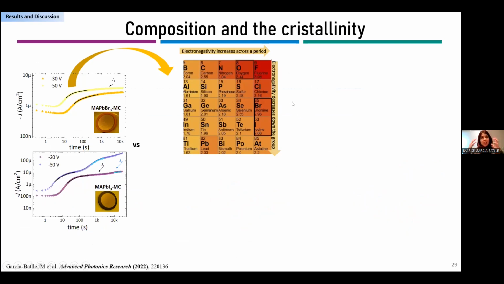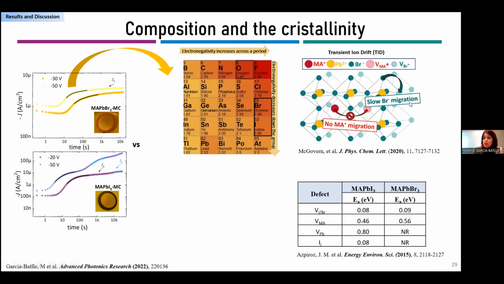So if we think about the bromine-lead bond and the iodine-lead bond, we can think that it is shorter in the case of bromide-based perovskite, and this has been reported and is consistent with our measurements by transient ion drift. This is a very nice paper, and it shows how in the case of bromide-based perovskite, the bulky methylammonium cation can be suppressed, of course, in certain conditions at this bias.